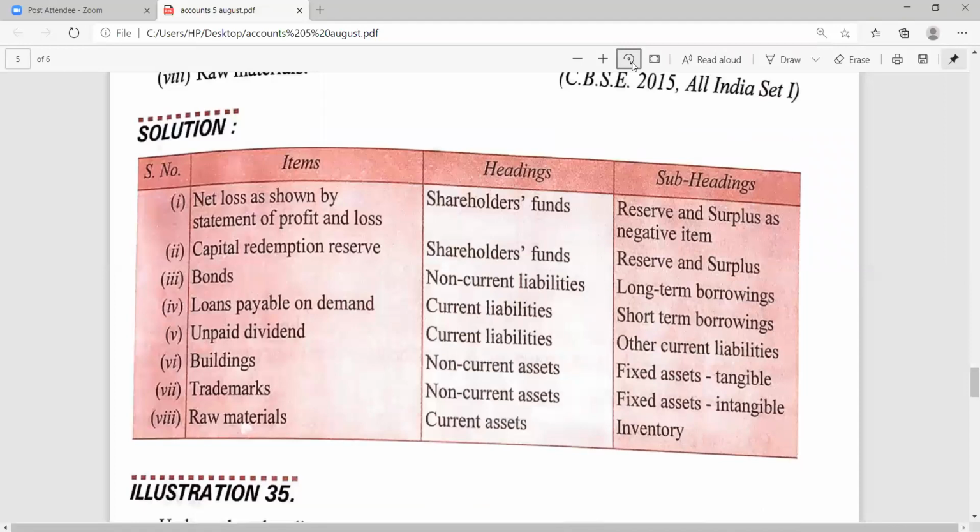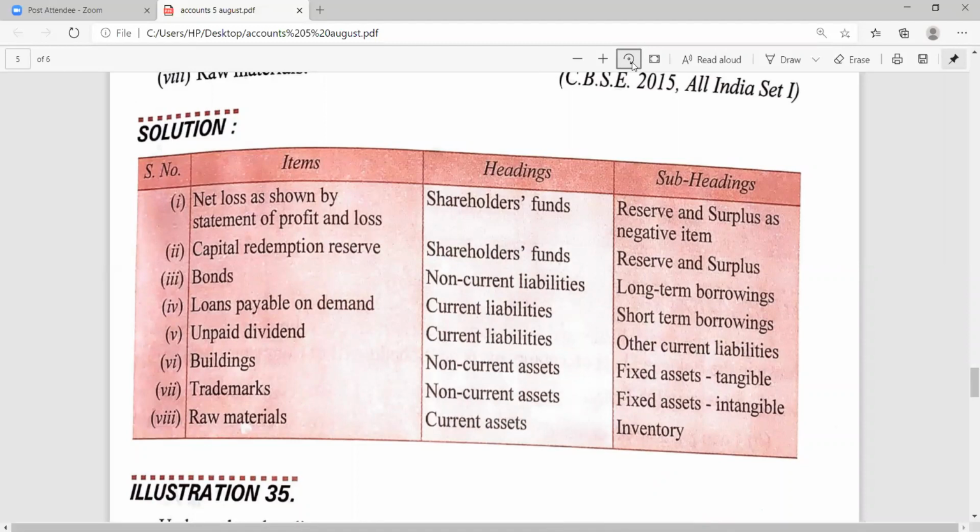Capital redemption reserve is also always shown under shareholders' fund, in the subheading of reserves and surplus. Bonds are non-current liabilities, and the subheading of long-term borrowings is to be used here.